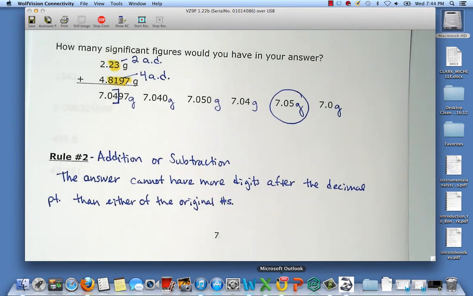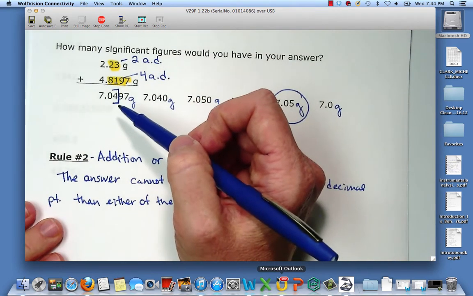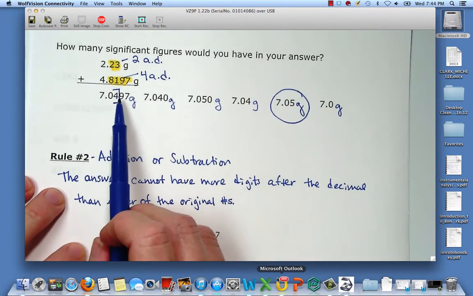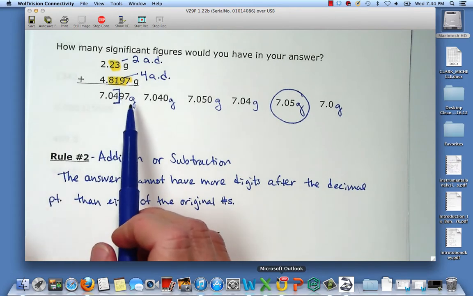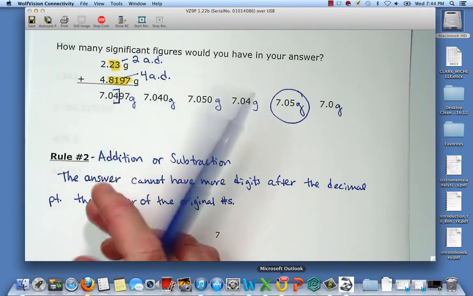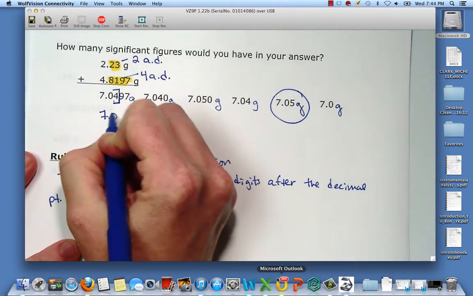Anything to the left of my bracket, I'm keeping. So I'm dropping a 9, which is a big number to drop. When you drop a digit that's 5 or more, you're going to round the digit you're keeping up 1. So that's how we ended up with 7.05.